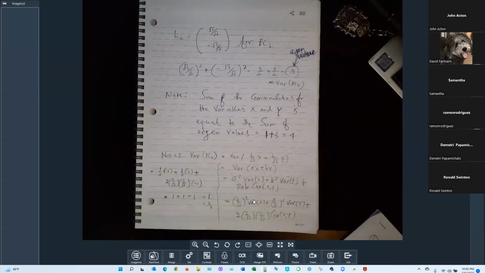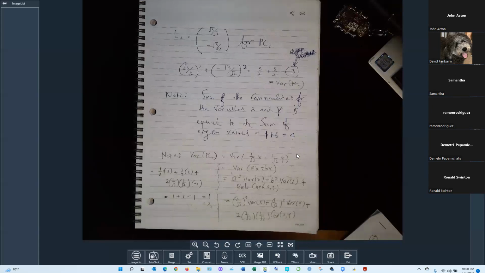I plug everything in. The covariance between x and y, you can remember, is -1 in the original. Look at the variance of that principal component: it's nothing but the eigenvalue.